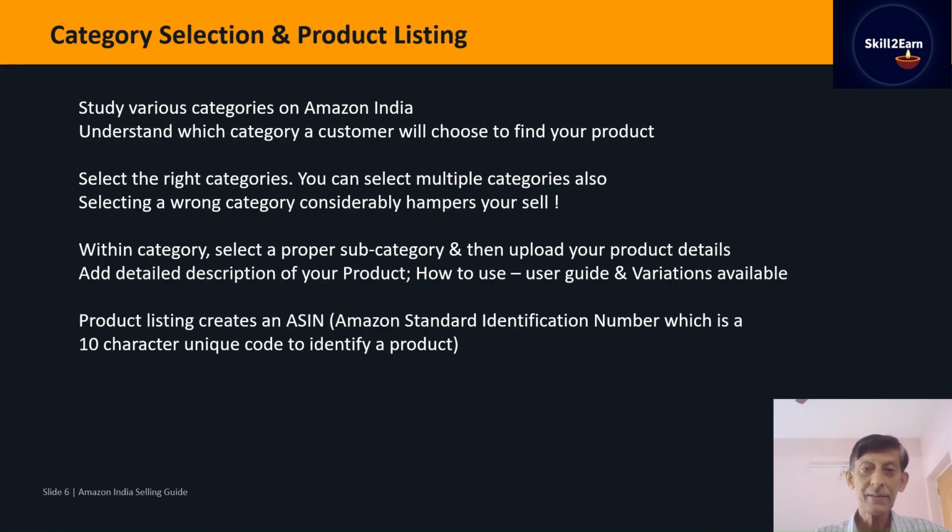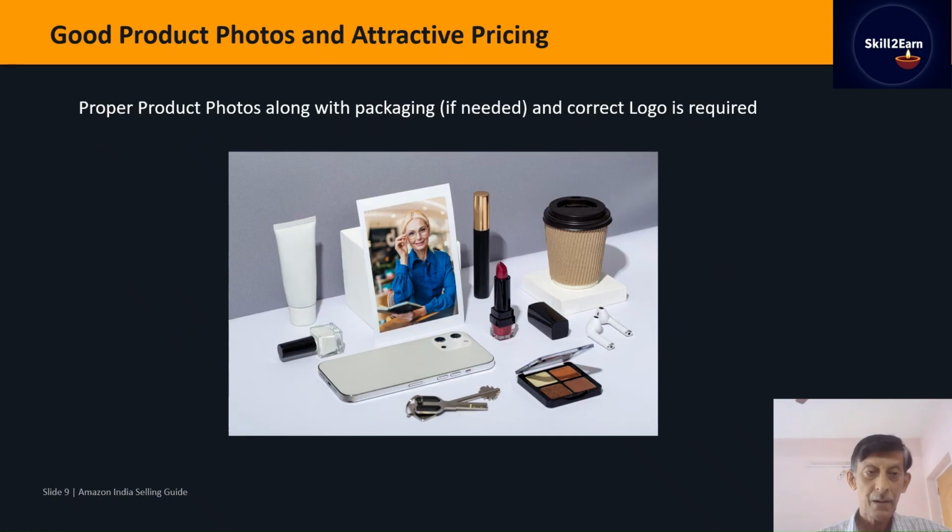It identifies every single product on Amazon. For product photos, definitely ask a professional photographer to take the product photos, and then upload them on the site. Of course, if you are going to have your own packing, then a correct logo is required. Even the smallest mistake in the logo will get it rejected on Amazon.